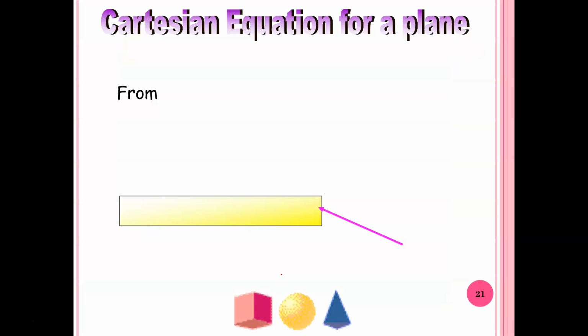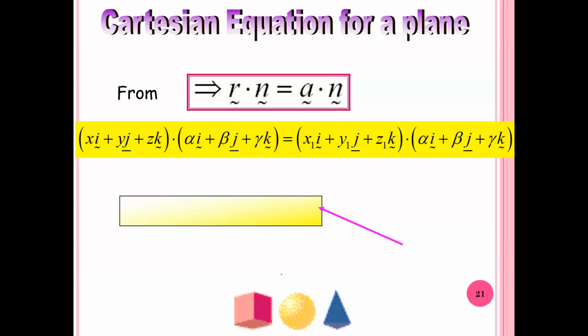Okay, so this is the Cartesian equation for a plane. From R dot N equal to A dot N. So we base on this one. For plane, this is the equation.